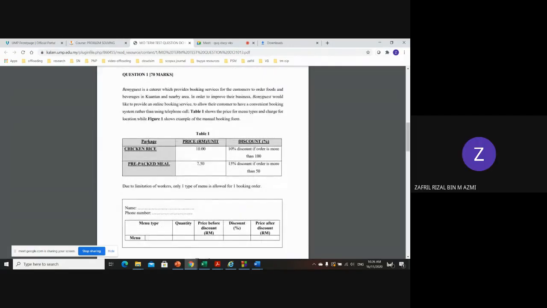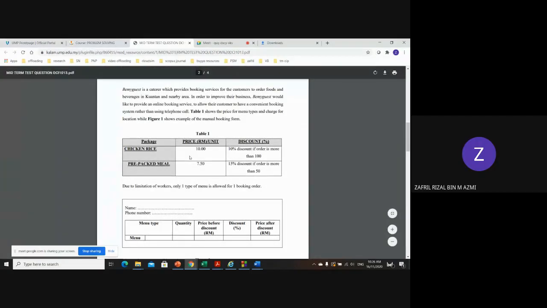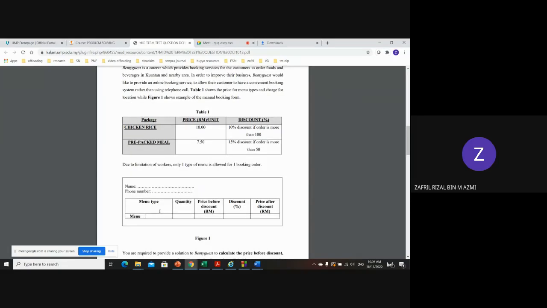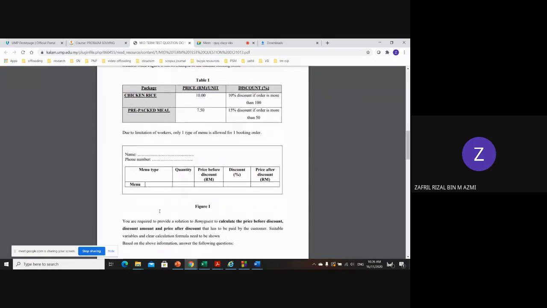Okay, so input can be based on the question or it can be based on a given form. In this case, it is a lot easier since the manual form is already given to you. If you are a user who wants to write down the form manually, you need to take a pen, write down your name, and then write down your phone number.